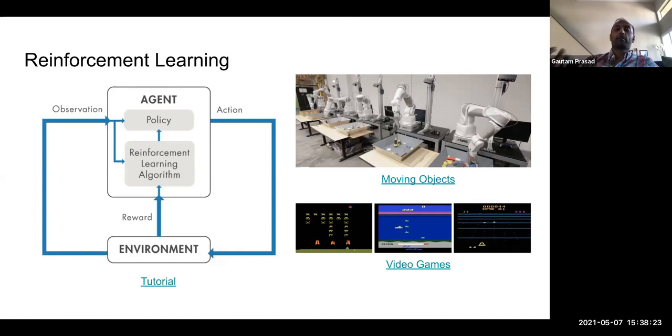The algorithm is learning throughout time as it picks up different objects and sees how much pressure it should use, how easy it is to move them around, and how much effort it needs to do that.